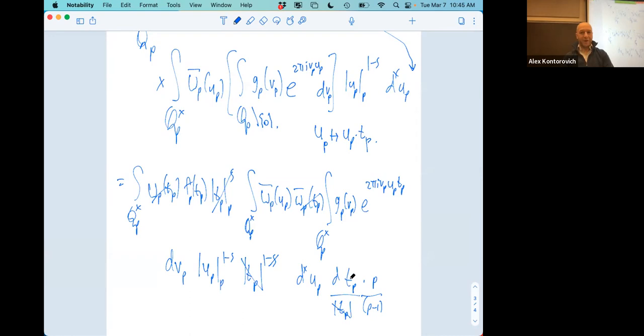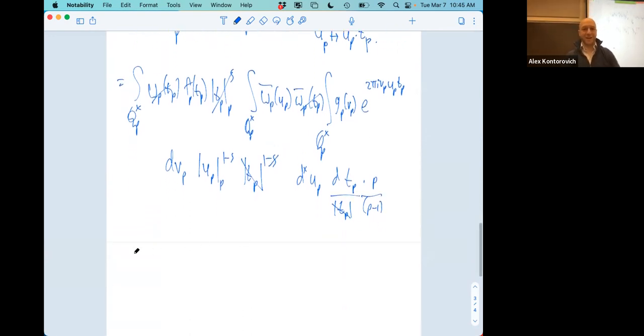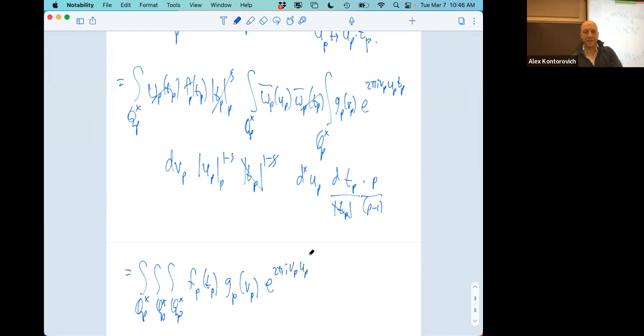Okay, so we have additive Haar measure in t_p, additive Haar measure in v_p, and a constant. So let's write this again. I have a triple integral in Q_p crosses. I have an f_p of t_p and a g_p of v_p and e to the 2πi v_p u_p t_p. So what do I have so far?